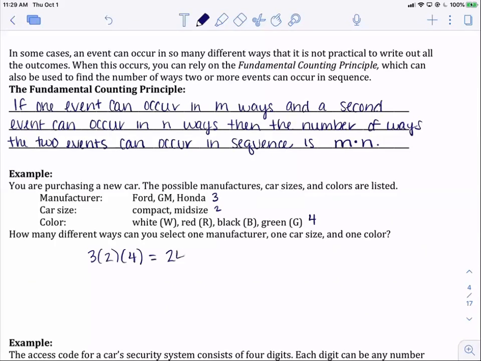So 24 ways you can pick a car. And then we'll eventually get to the point where we say, okay, what's the probability that this person picked a Ford Compact that's red? Well, that'd be 1 out of the 24, because there were 24 possible options.